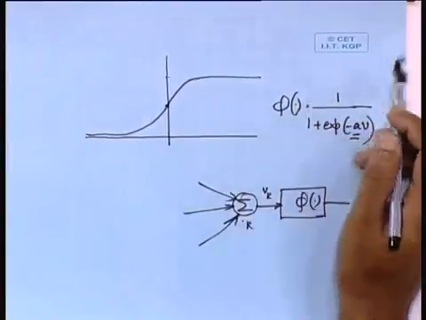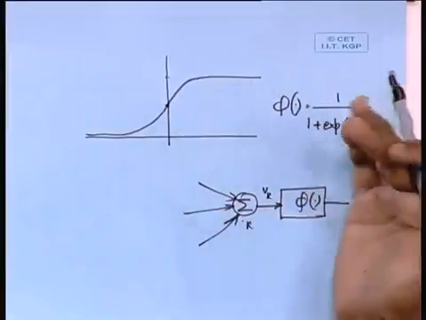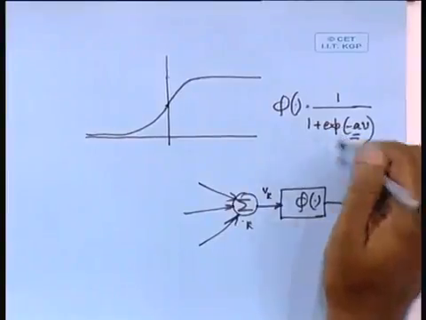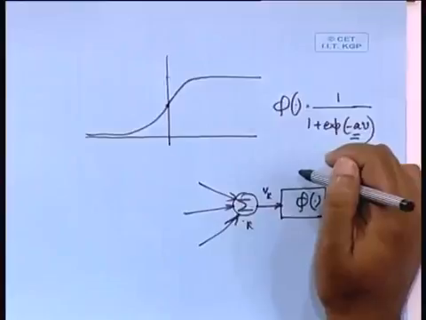So this is in between the two, and as I also discussed, it is differentiable, continuous and monotonically increasing. These are some of the characteristics that we can point out about this sigmoidal function. This is not the only realization of the sigmoidal function.